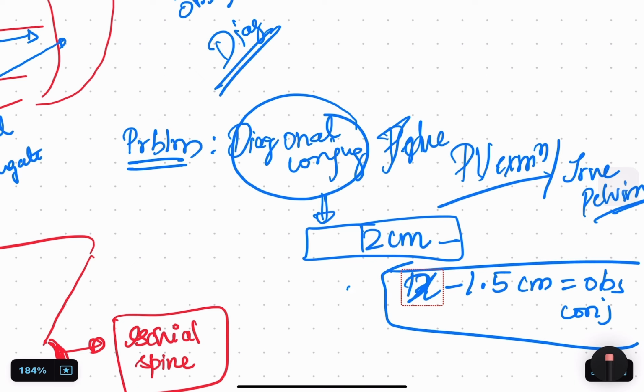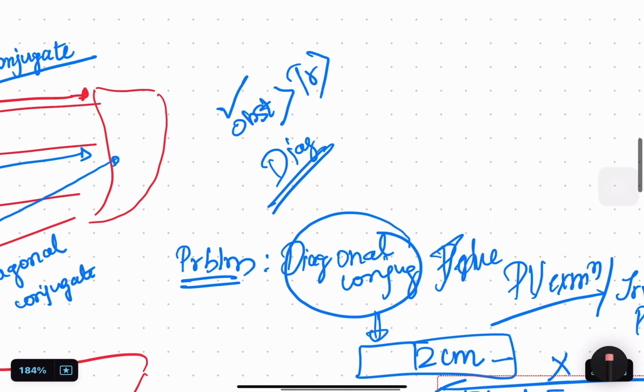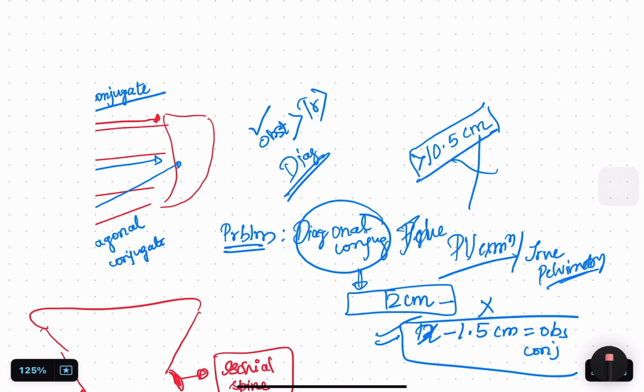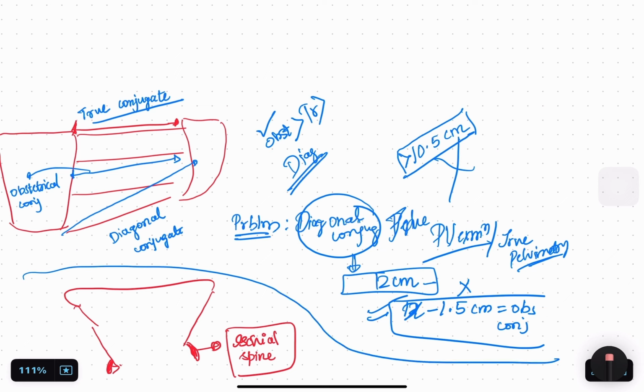And I want you to remember only this, and not even this. Most importantly, if the obstetrical conjugate is less than 10.5, then you cannot have a normal vaginal delivery. Remember only this. Okay, in this part I explained with the concept why you have to know the diagonal and obstetrical conjugate.